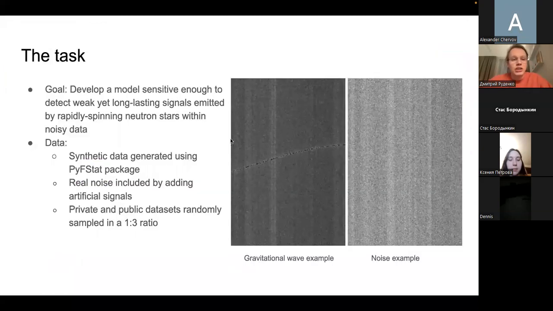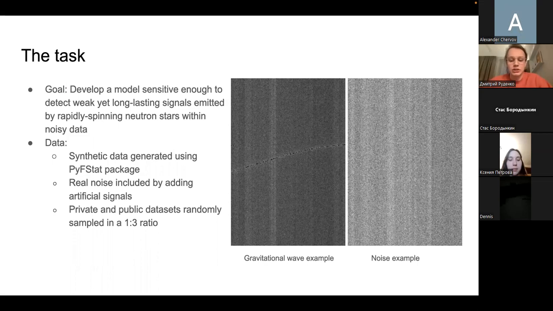So the task. The task was to figure out if we have a signal in a recording of a gravitational wave sensor. Unfortunately, the data was mostly synthetic. Why mostly? Because we had some real noise examples in the test and training data sets. The main part of the data was generated with SpyFstat, using generation of noise and, separately, the generation of signal.